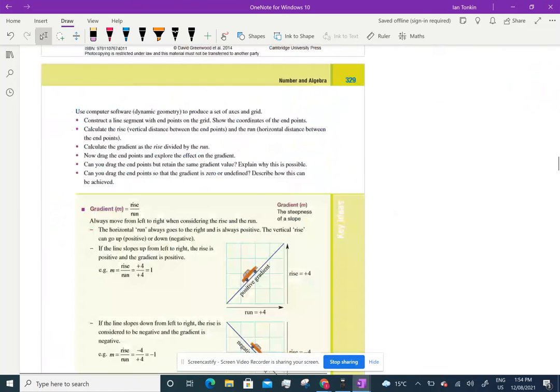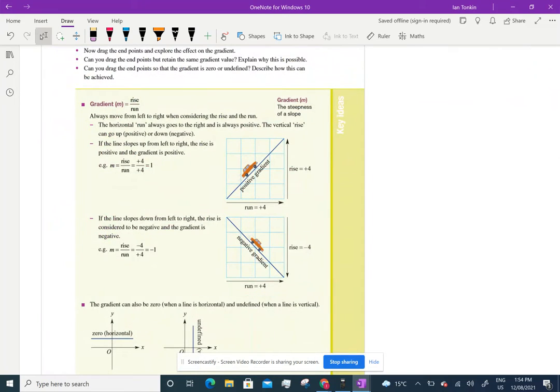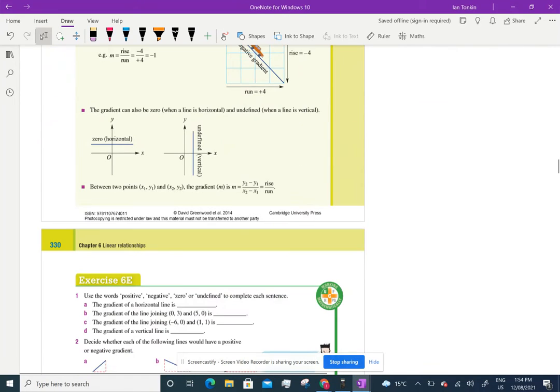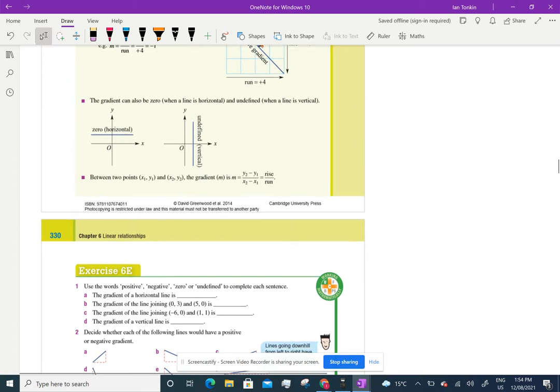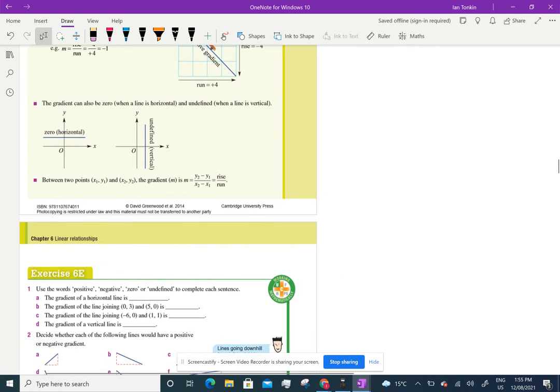So there we talk about gradient, rise over run. You have a gradient going up and a gradient going down. Now, that's another important bit. So when we talk about gradient, and we talk about it in a linear form, we say y equals mx plus, now we used to say b, but now it'll say c.